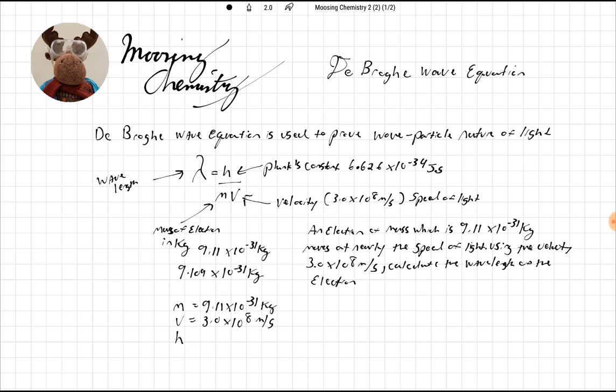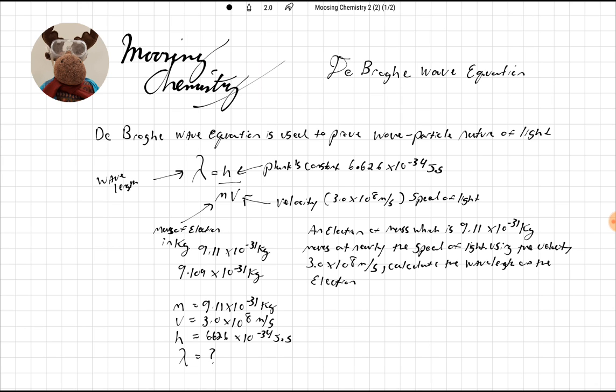Remember that Planck's constant relates the energy in one quantum or photon of electromagnetic radiation to the frequency of that particular radiation. It's 6.626 times 10 to the negative 34 joules times second. And we're looking for the wavelength, which is lambda.